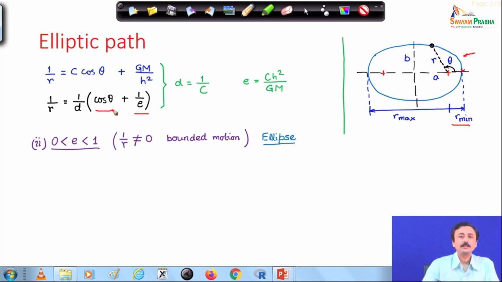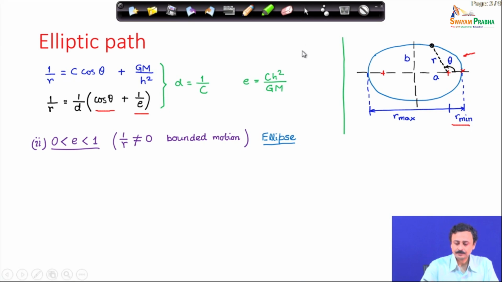Now, the value of cos theta varies from -1 to +1, it is bounded between these two. Therefore, 1 over r can never go to 0. Therefore, these solutions for eccentricity between 0 and 1 are bounded solutions, and this ellipse is that shape which you can plot and see.